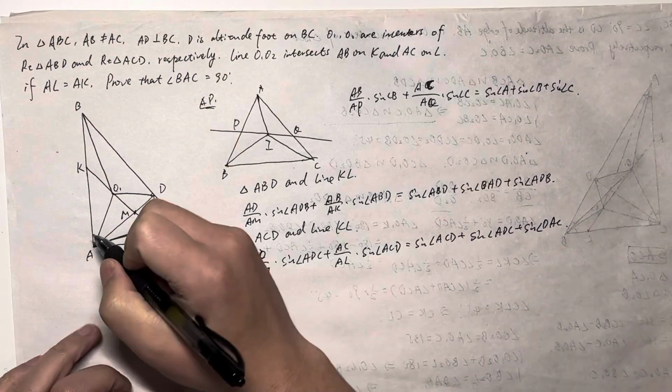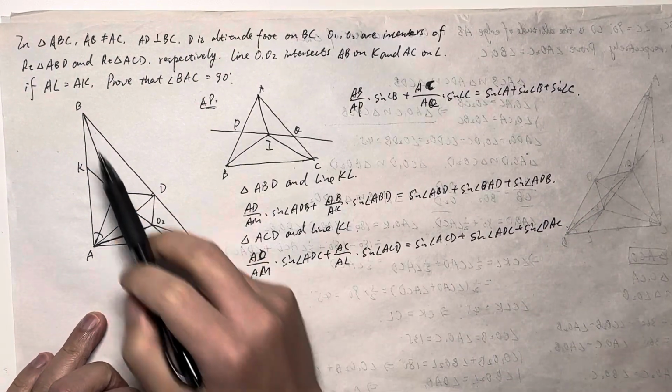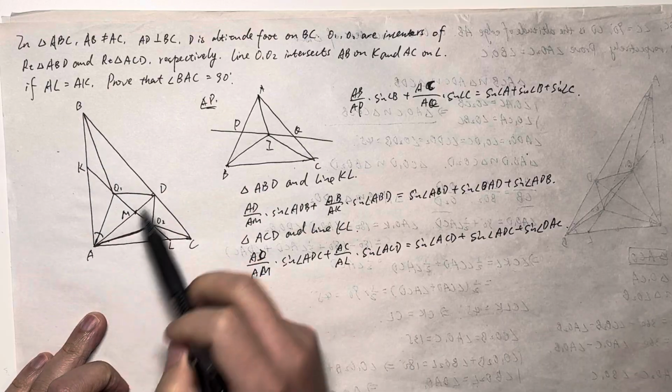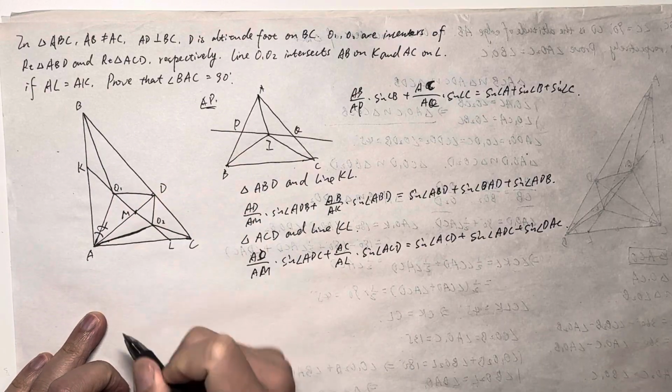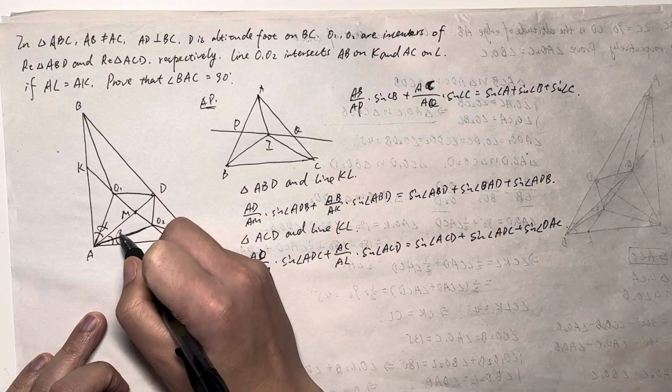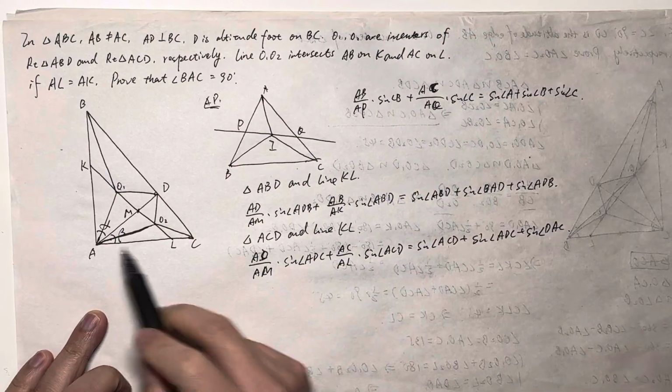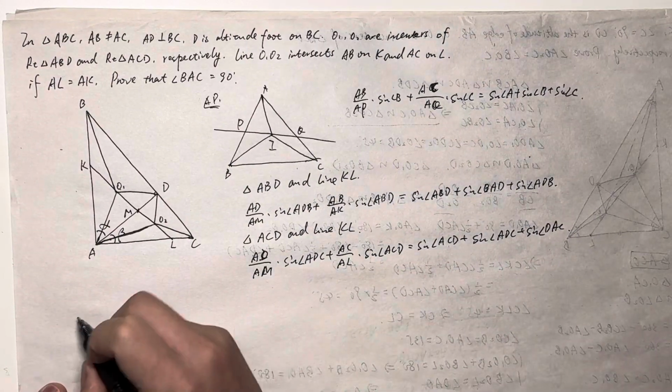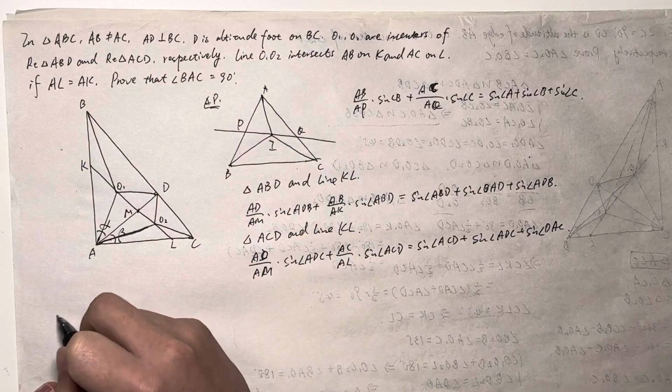So if we set angle BAD to be alpha and angle DAC to be beta, right? We can rewrite these two equations.